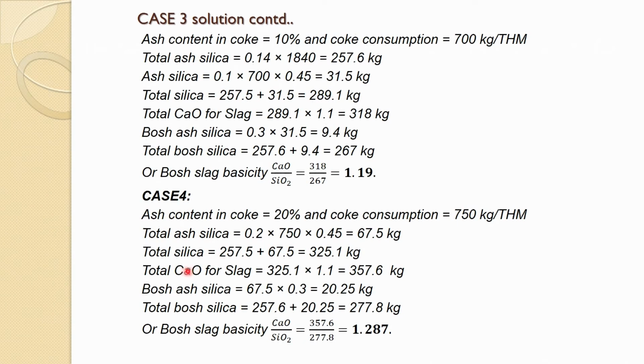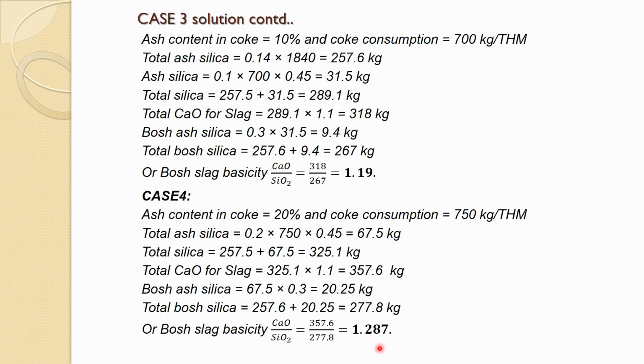So, we can calculate the lime requirement in the slag as above, which comes to about 357.6 kg, because total silica is 325. Now we know the lime requirement and the total silica in the Bosh region, so the Bosh basicity is about 1.3.